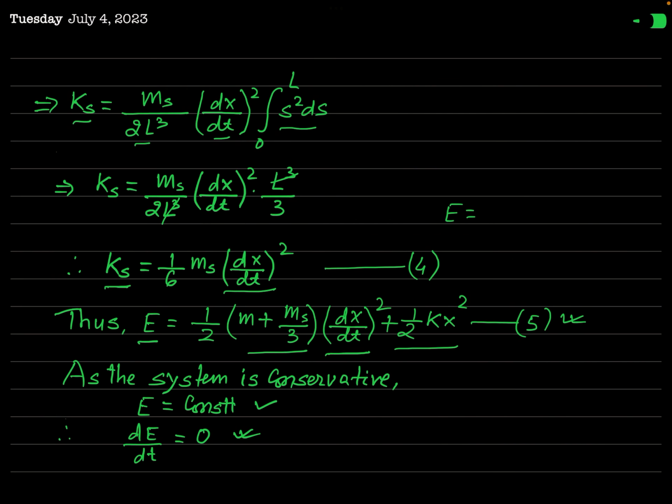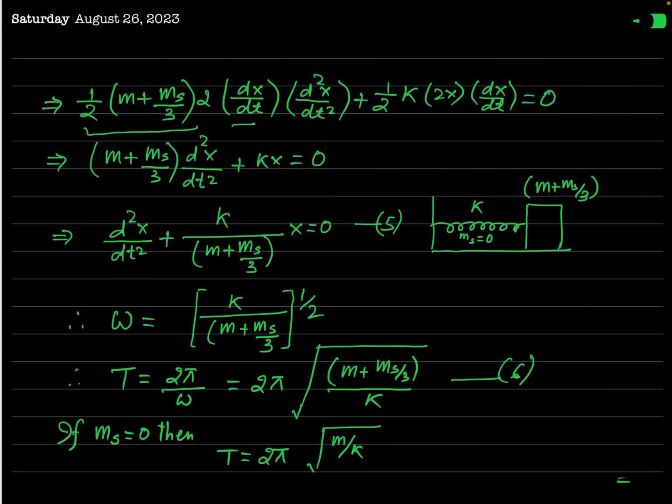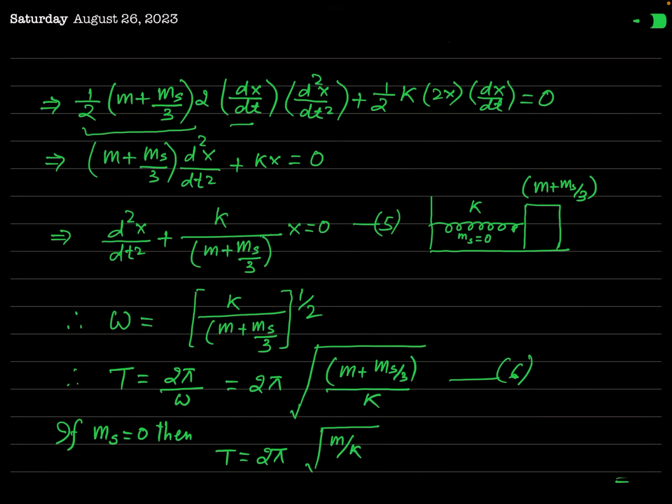And now the derivative of the second term: half k is constant, and when x² is differentiated with respect to t, this is also a function of function. That will be 2x times dx/dt, and that is equal to 0. Now you can see this 2 and this 2 will cancel out. This 2 and this 2 will also cancel out.